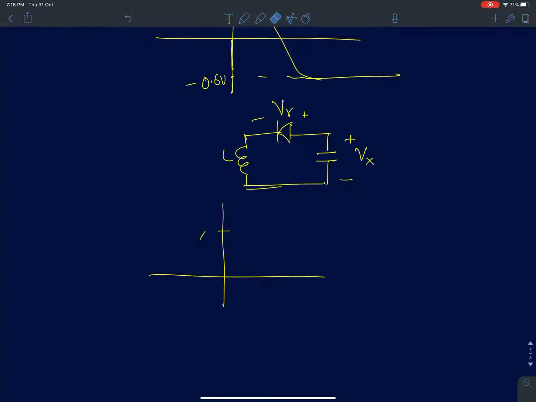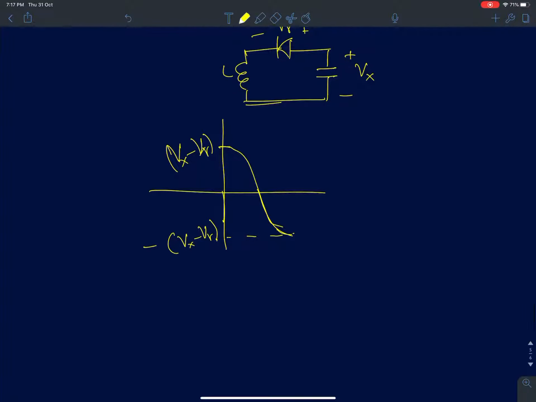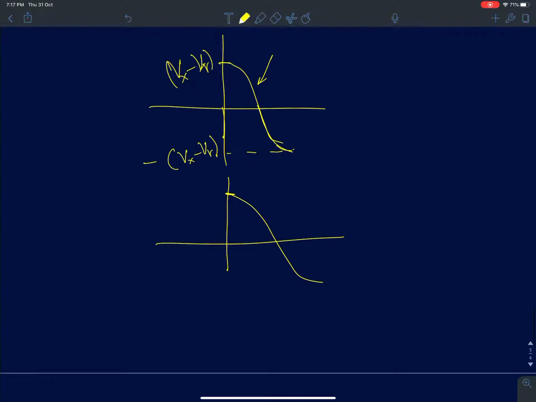It will start from Vx minus V gamma, go to 0, and then eventually go to a negative value, minus of Vx minus V gamma. Now to plot the capacitor voltage, I just shift this by V gamma. So you will start from Vx and go to a negative value, minus Vx plus 2 V gamma. I will simply write it as minus of Vx minus 2 V gamma.